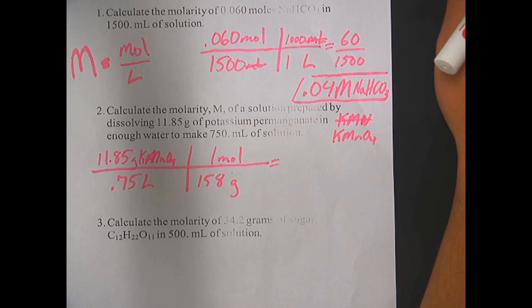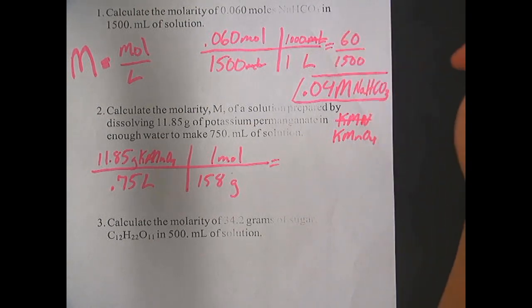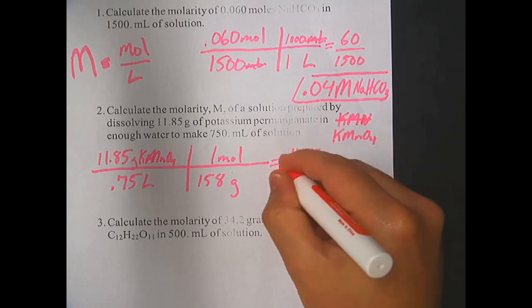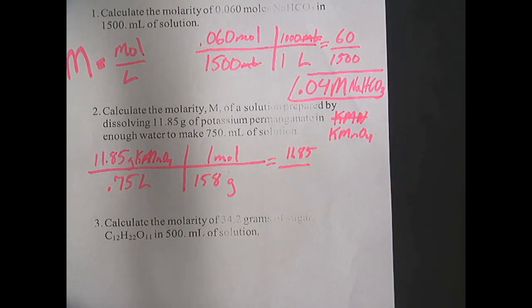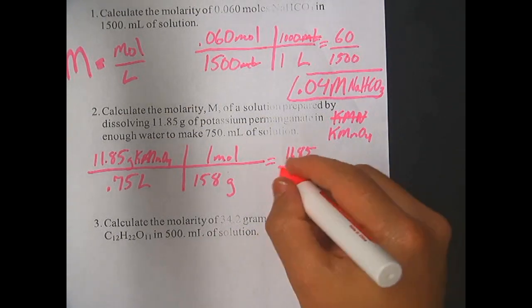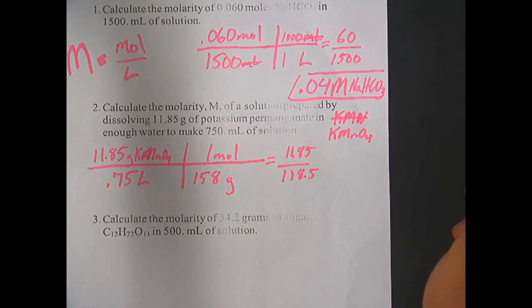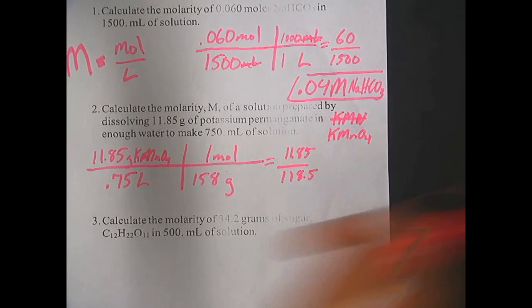So multiply across the top, multiply across the bottom, then divide. So we have 11.85 on top. 0.75 times 158 on bottom gives us 118.5. Huh. Those numbers look very similar.